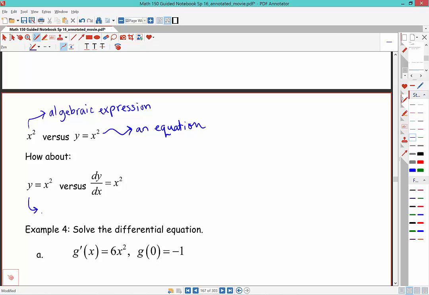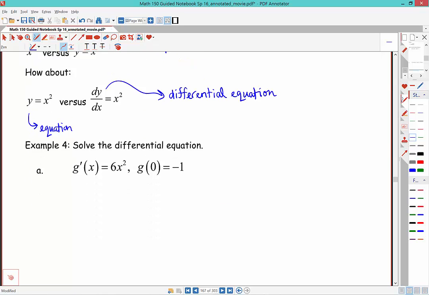This is a regular equation or function. And this guy is the derivative, so it's a differential equation. Okay, all right, so let's check these out.